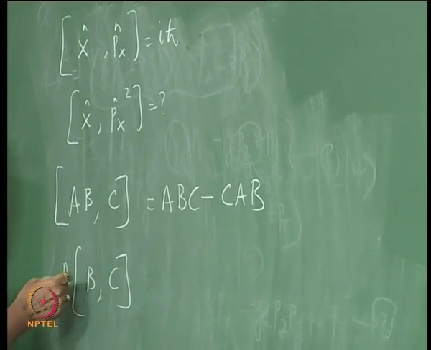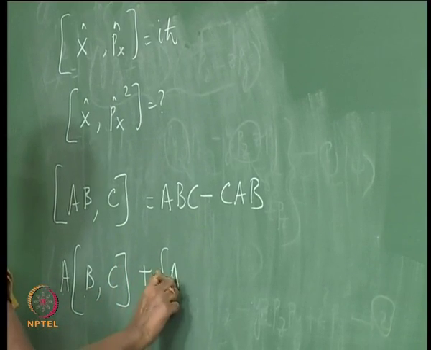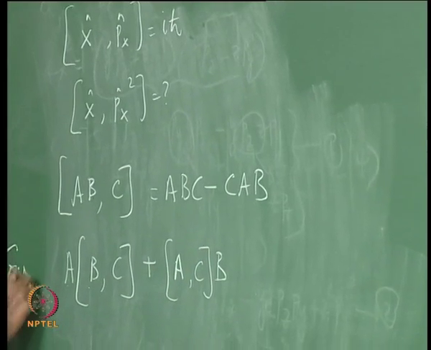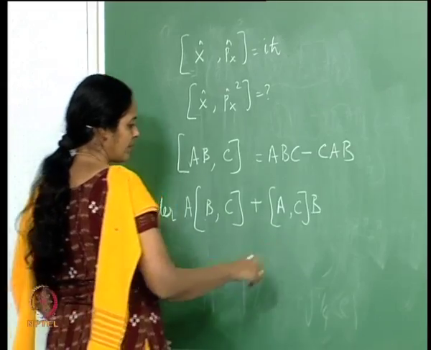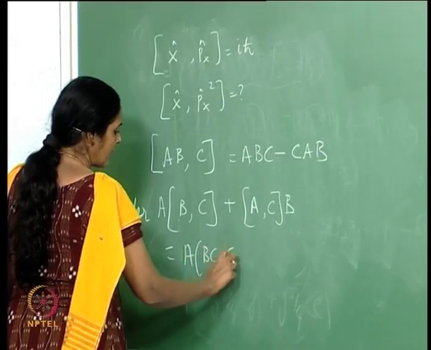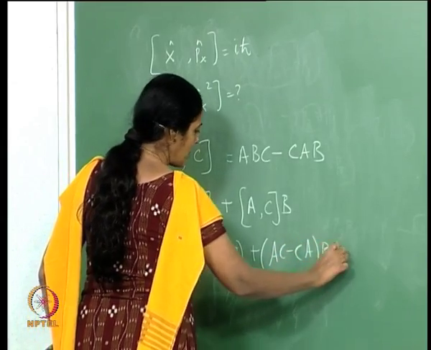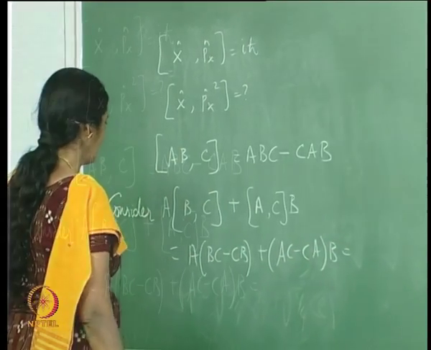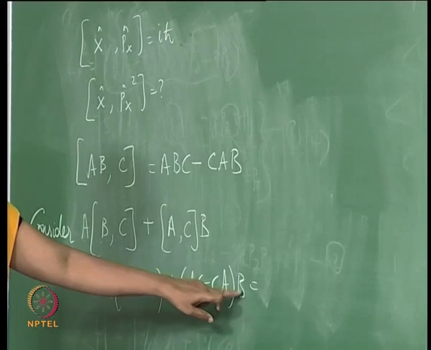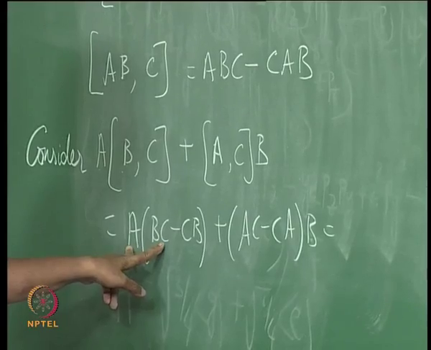The commutator of B with C pre-multiplied with A plus commutator of A with C post-multiplied with B. Now this is simply A times BC minus CB plus AC minus CA times B. This term minus ACB cancels with plus ACB, and I am left with ABC minus CAB.